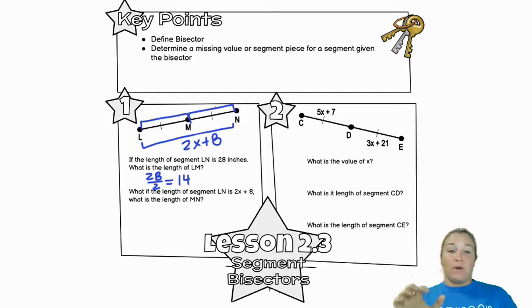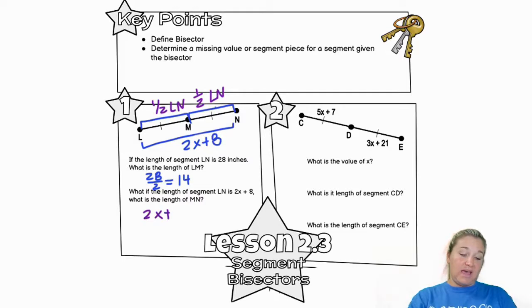That means what am I going to do? I'm going to follow the exact same method that I just did for the whole length being 28, and this is going to be half of whatever LN is. It says MN, so it's going to be the same thing. I can take 2x plus 8 and divide it by 2.